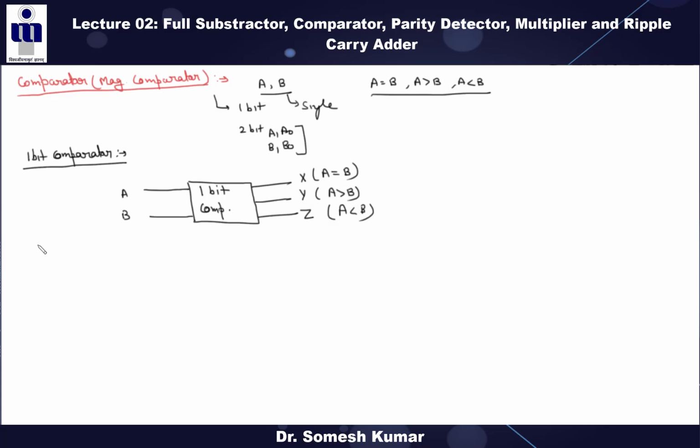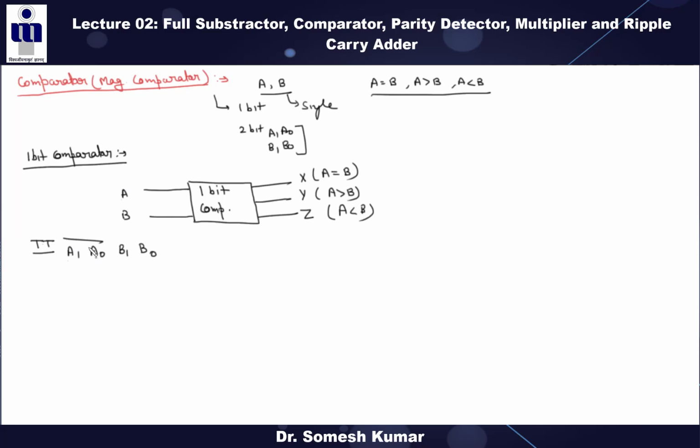Our next step is the truth table. We have to make the truth table for this comparator circuit. These are our inputs. It is a 1-bit comparator, which means A and B are only 1-bit inputs, so I am writing only A and B. If it were 2-bit, then I would have to write A0 A1, B0 B1, because the input numbers would be 2 bits.